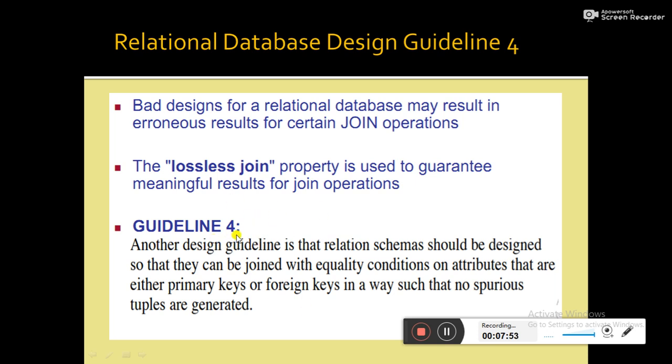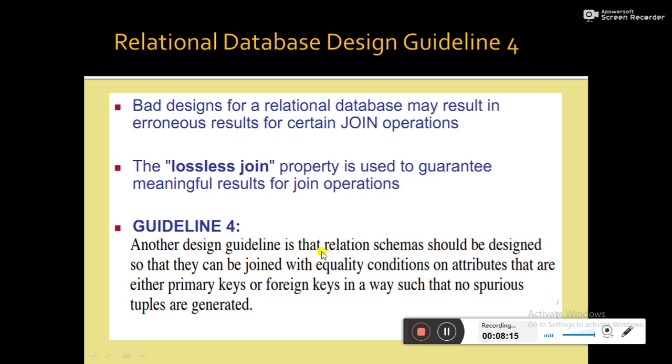So we have to break the relation so that after performing the join operation, we can get back the original data which was present in the base relation. Based on this, we can create guideline number 4.